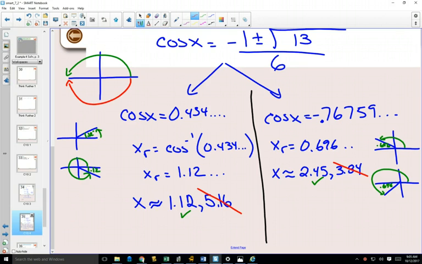Okay? So which are the ones that I need to change? I need to change this one. I need to figure out what this angle is as a negative angle. This one's the really easy one, right? Because there's our reference angle. So that one's going to be negative 1.12.